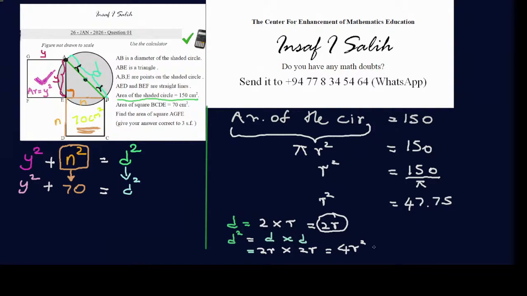That's 4 times r squared, which is known to us. We found it a while ago: 47.75. So 4 times 47.75, we get 191.